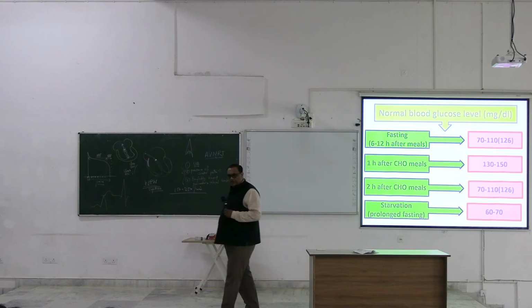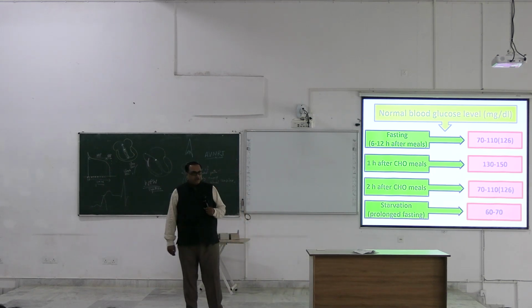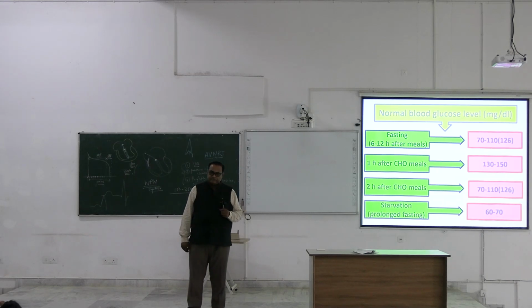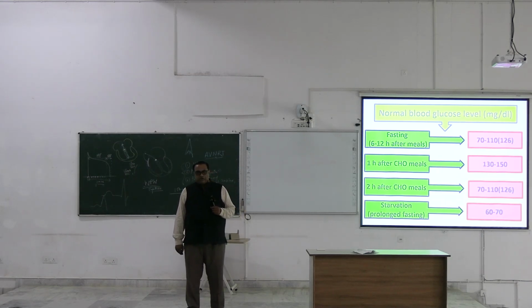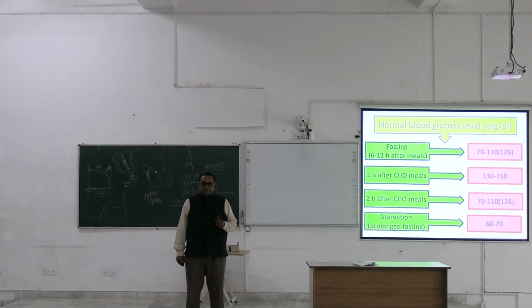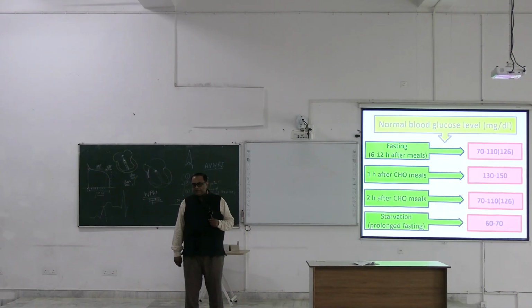What do you call pre-diabetic? If it is between 100 and 126. Now, if you go across the laboratory reports of different laboratories about fasting, you will find 3 things: name of the test, result, and the method by which it has been done.